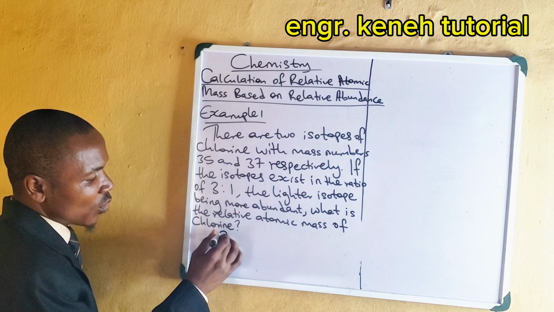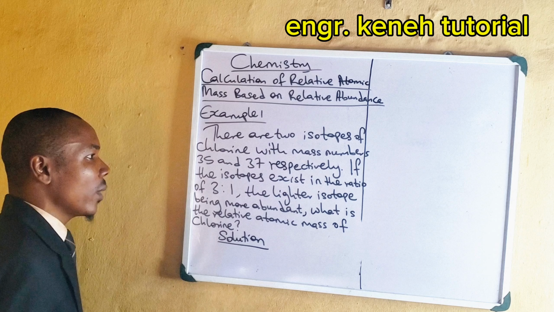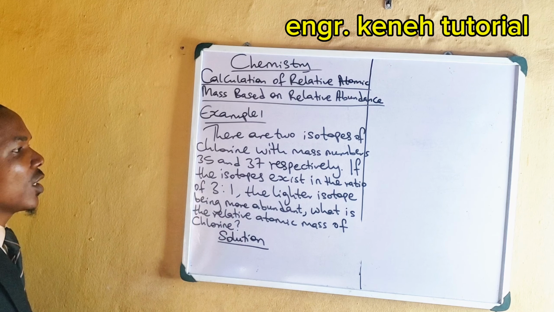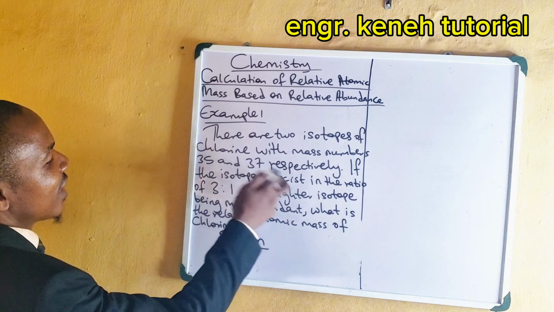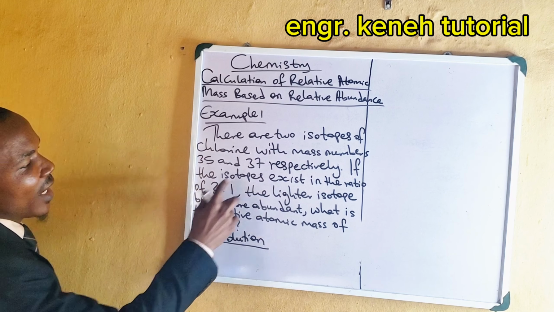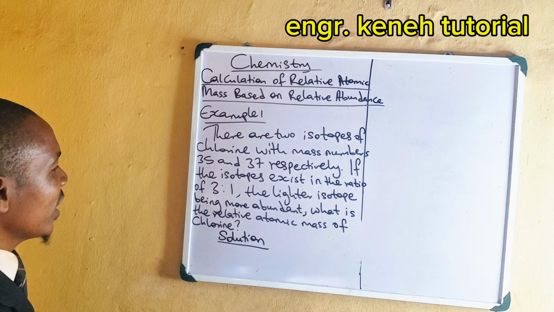All right, so we have the solution like this. We are talking about chlorine. They said this one with mass numbers this and that. The smaller one will take this and the bigger one will take this one. So how do we do that?